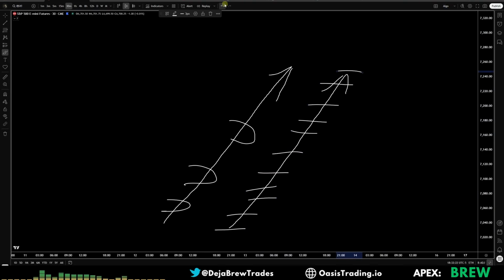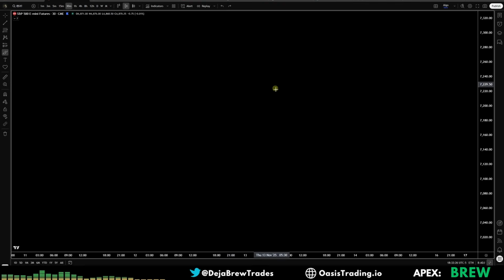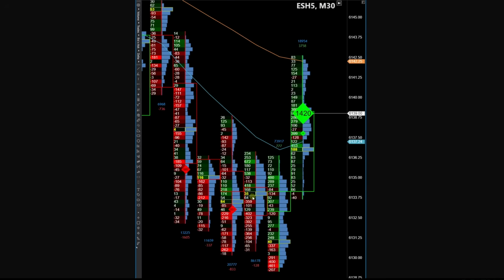We do not want to see those aggressive traders start to get trapped and squeezed. A good example of that is when we see a bunch of bearish delta on our push down here. You can see the left side is delta, the right side is volume. Look at all this bearish delta, all these red bars here. It's building pretty consistently as they are pushing down, but look at the volume as they are pushing down.